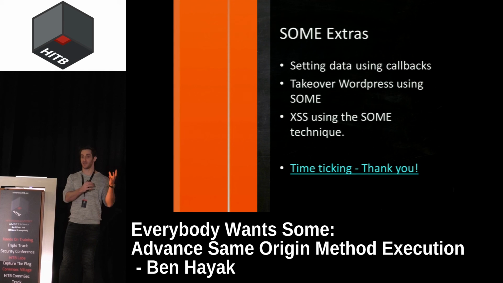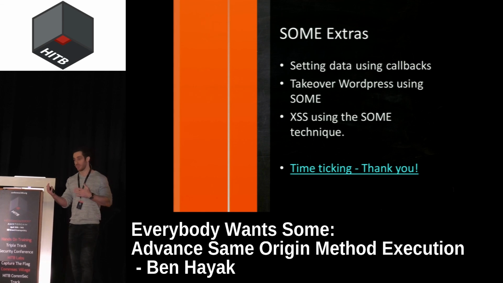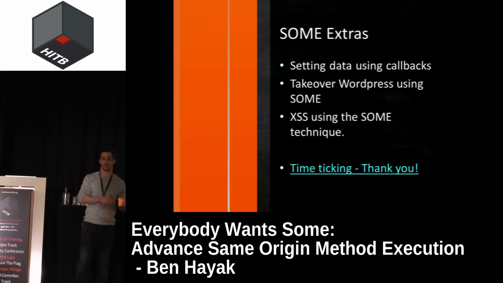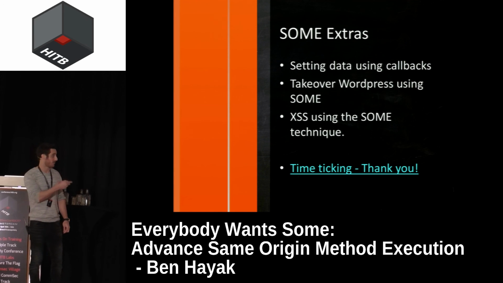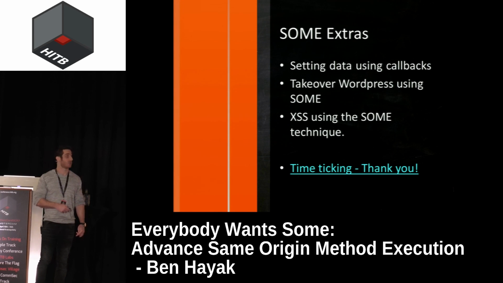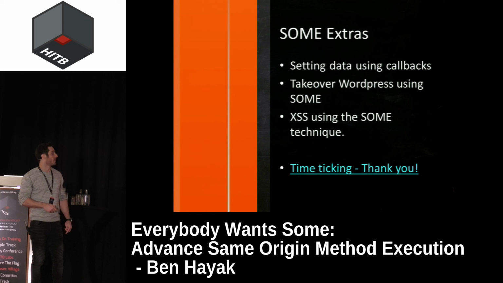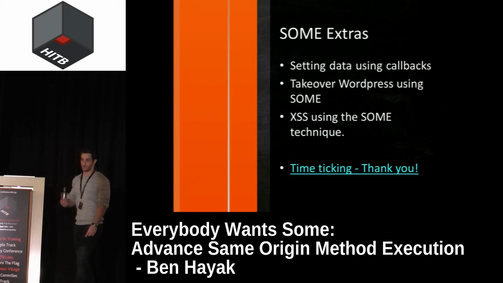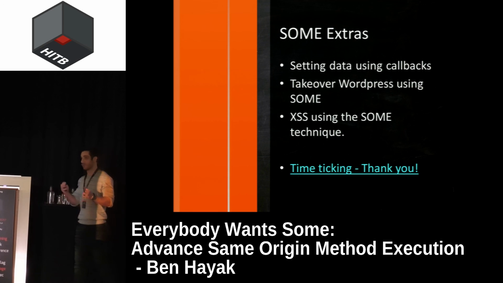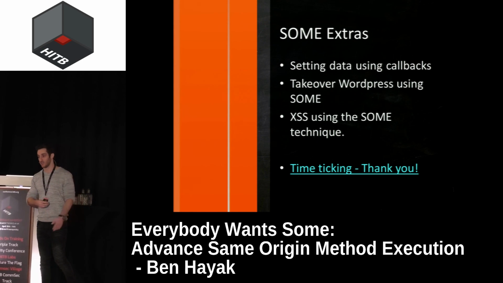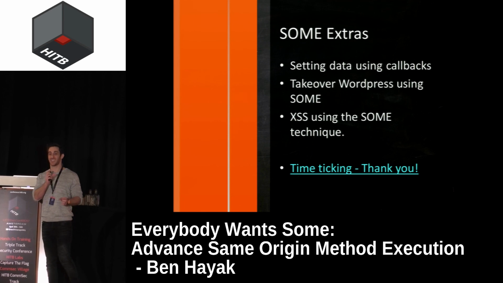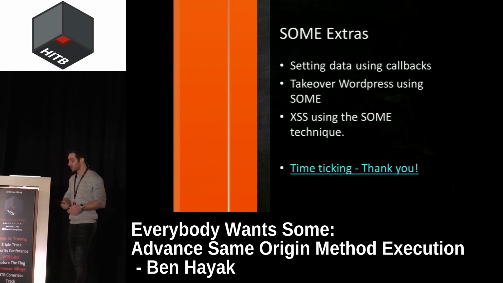So you can set data using a CSRF and then use SOME to actually bypass it, because CSRF tokens do not protect against SOME. I don't know any protection against SOME, other than the ones I'm going to show in a bit. XSS using the SOME technique is something I'll post on the website. Basically, when you have limited control of the argument rather than the callback parameter, you can use the SOME attack to set the opener reference, so it won't be null, and a lot of cool stuff.